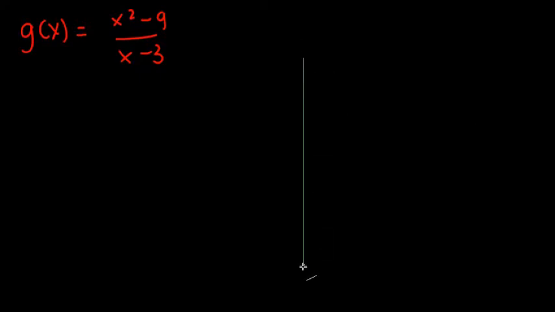We can draw our axes. This is actually a function which we can take the limit of pretty easily at x equal to 3. In the denominator, if we put x equal to 3, we get a 0, and we know that we cannot divide by 0. So let's see what would happen to this graph.